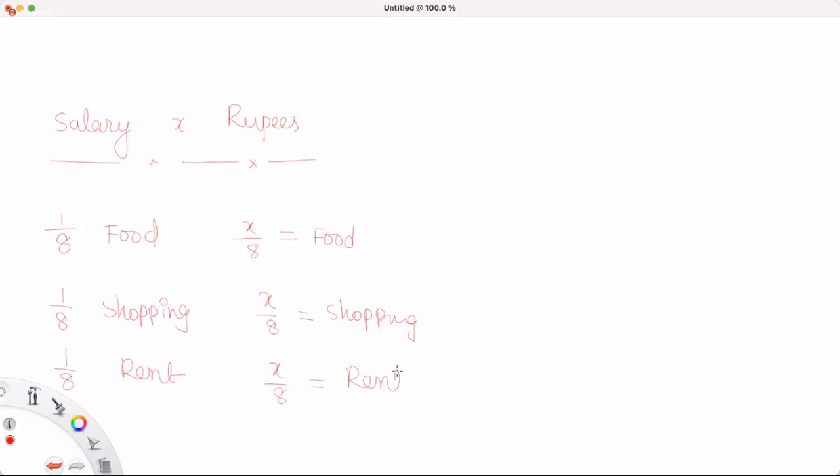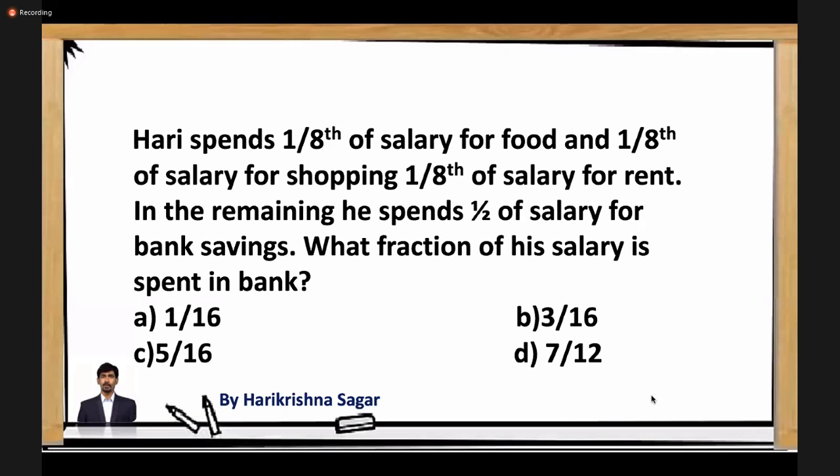There is a very important statement, my dear students, if you can observe. 1 by 8 on food, 1 by 8 on shopping, 1 by 8 on rent. He said in the remaining, he spends 1 by 2 of the salary for bank savings. What is the meaning of this data?